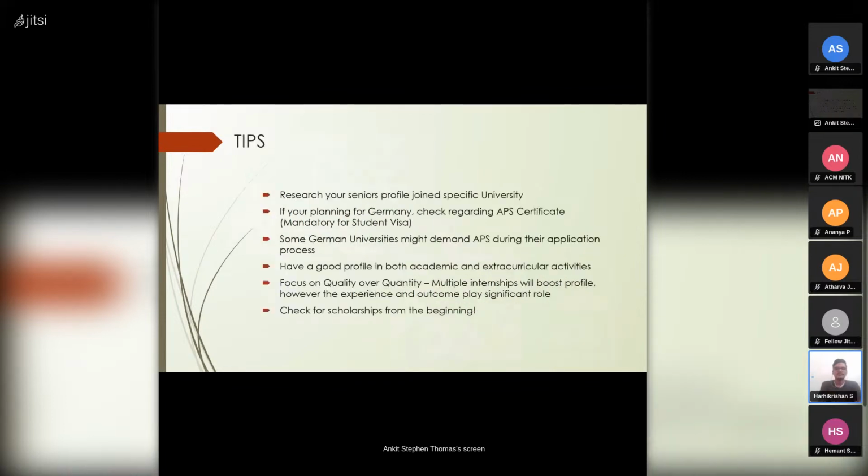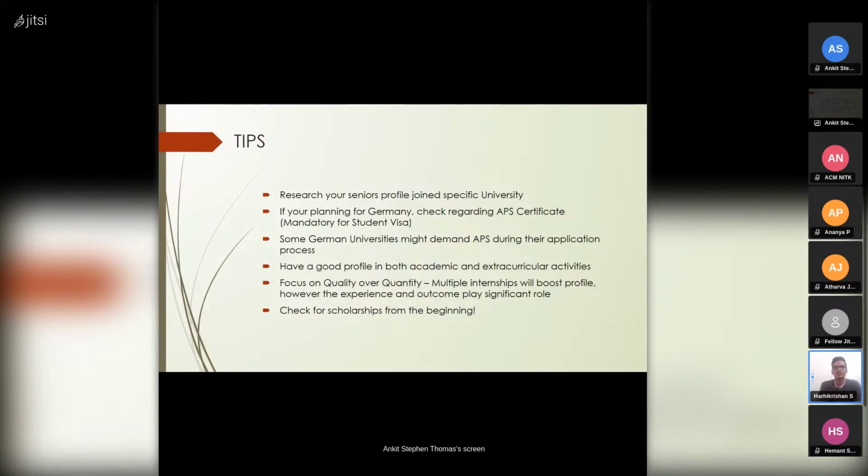So finally, there are some tips from my side. Research your seniors' profiles, who joined specific universities. In my case, I know a senior who joined RWTH from our college, and I worked on researching his profile, what kind of profile he had while applying for RWTH. So I literally tried to focus on improving myself to the extent of the profile he had.